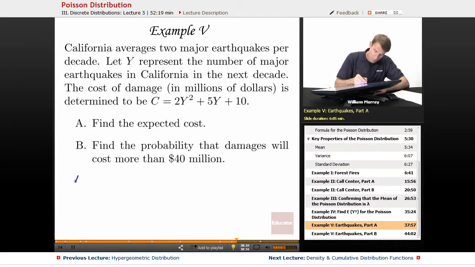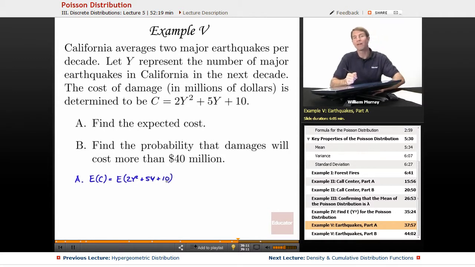The expected cost here, the expected value of the cost, well, we're given that the cost is 2y squared plus 5y plus 10. Now, what we're really going to use very, very heavily here is linearity of expectation.